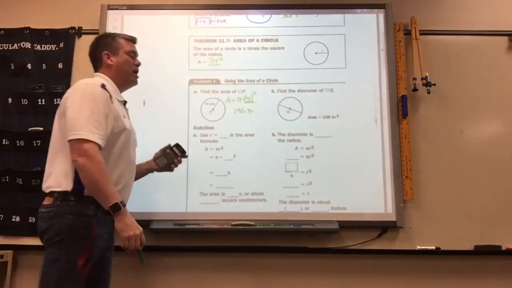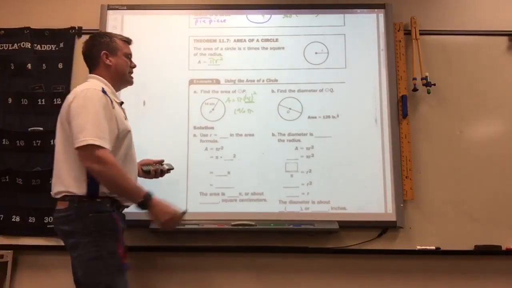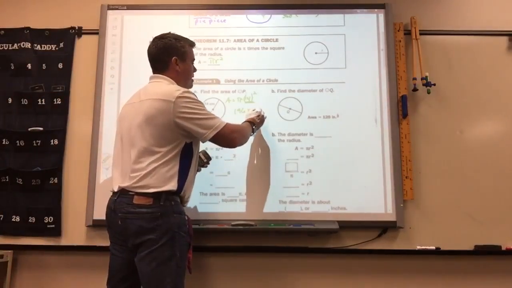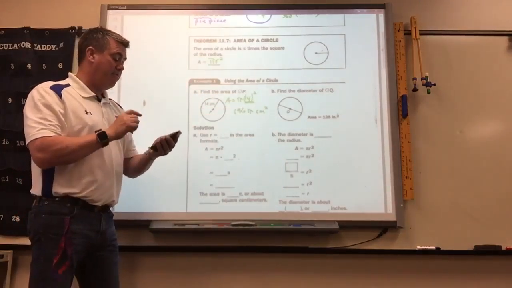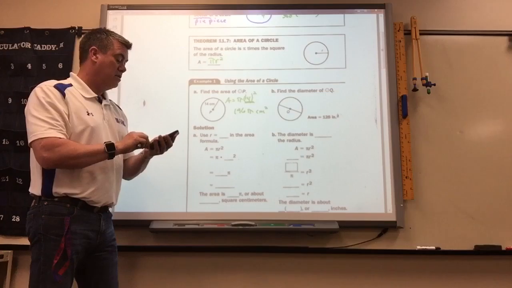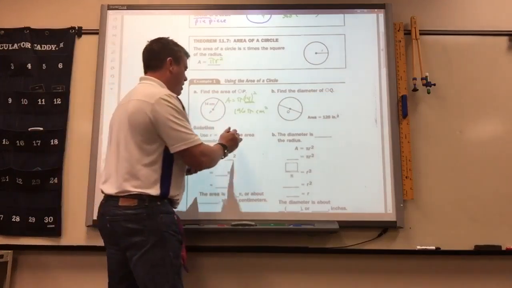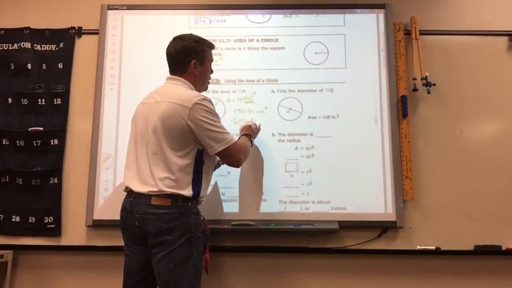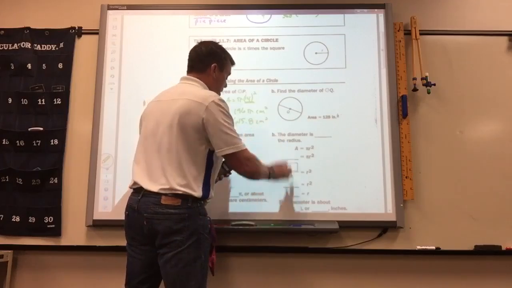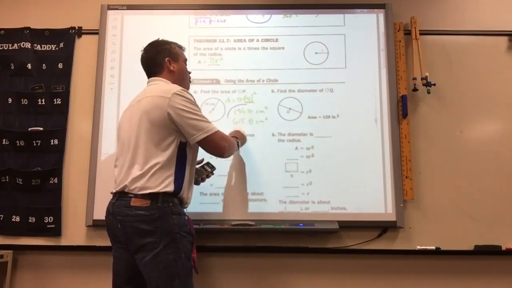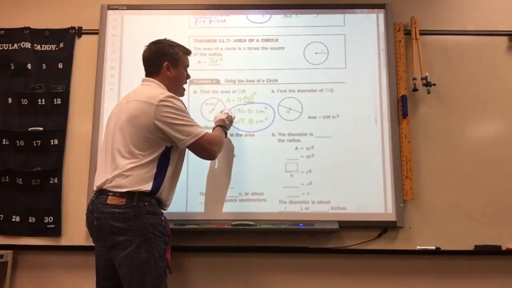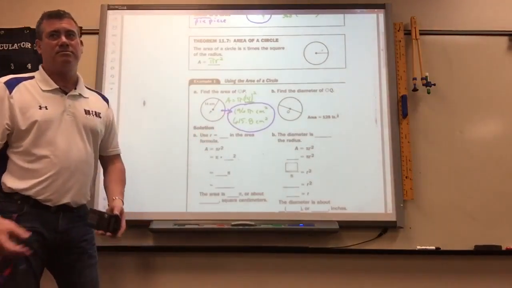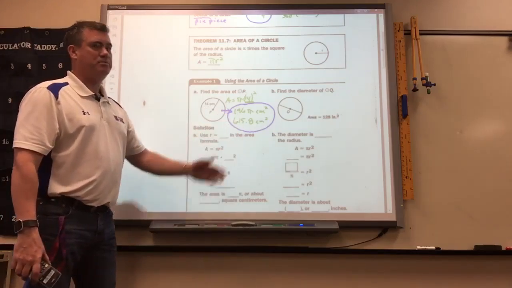Instead of multiplying it all out times pi, you just leave it as 196 pi centimeters squared. That's in terms of pi. If you actually figured it out, it'd be 615.8, rounded. These two represent the same value, though they're not exactly the same. It's just this one's more accurate because it hasn't been rounded. This one has been rounded.